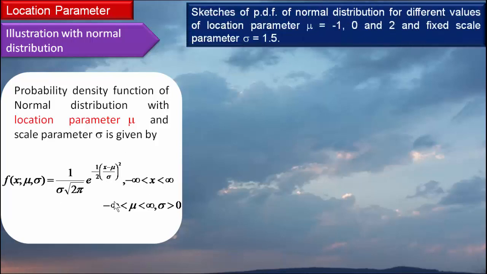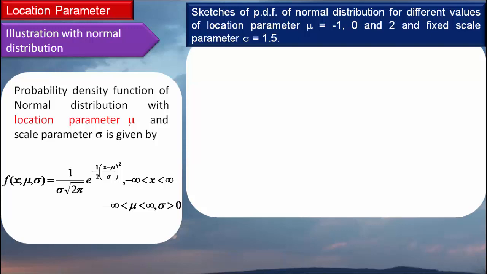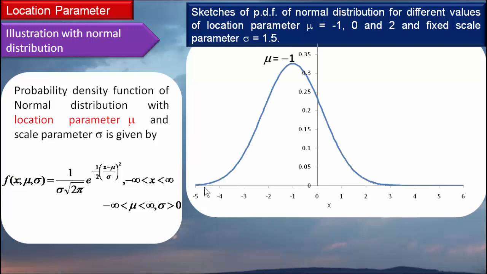Now let us see some sketches of normal distribution for different values of location parameter: mu equal to -1, 0 and 2, with fixed scale parameter sigma equal to 1.5. Let us see what happened here. This is the first graph, location parameter mu equal to -1.